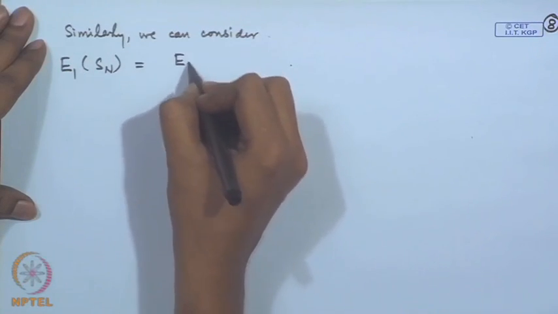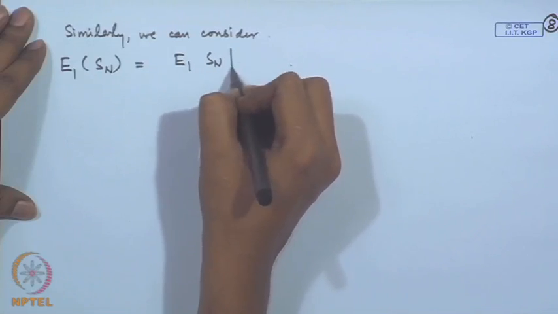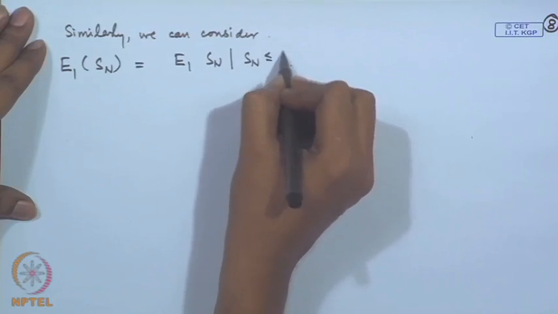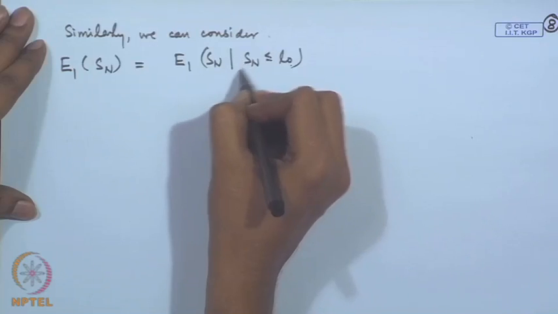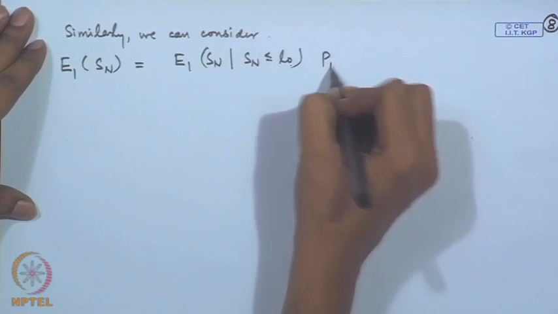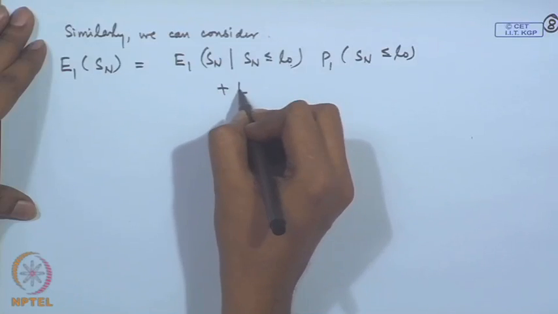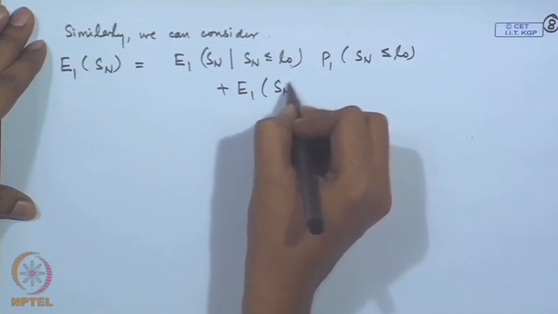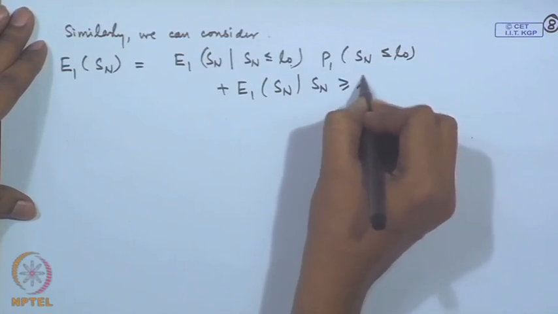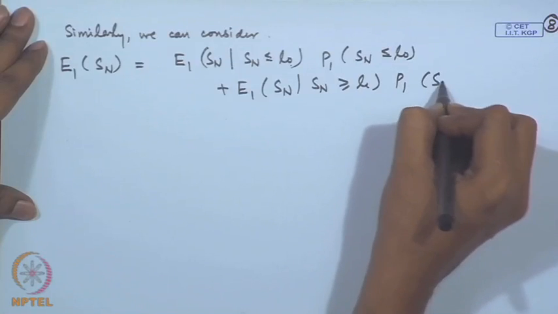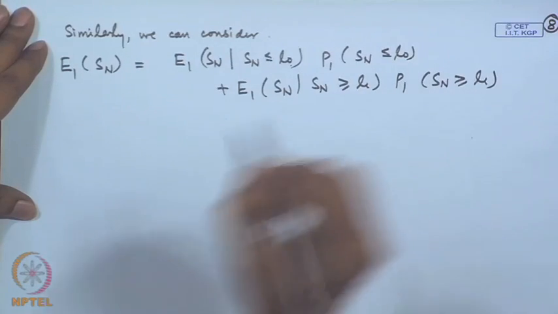So, this is E 1 of S n, and once again the same thing we are writing: E 1 of S n given S n less than or equal to L naught into P 1 of S n less than or equal to L naught, plus E 1 of S n given S n greater than or equal to L 1 into P 1 of S n greater than or equal to L 1.